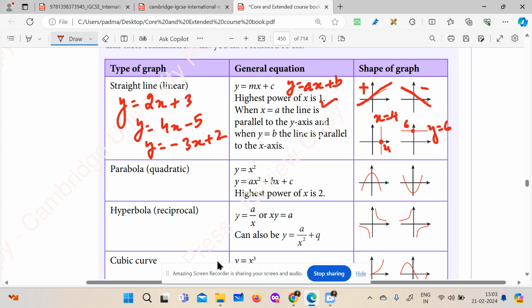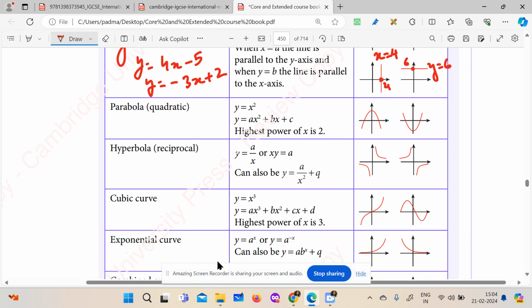Now another type is the parabola. You can call it quadratic. You know that the standard form of a quadratic equation is y is equal to ax square plus bx plus c. We call it quadratic because the highest power of the variable x is 2 here.